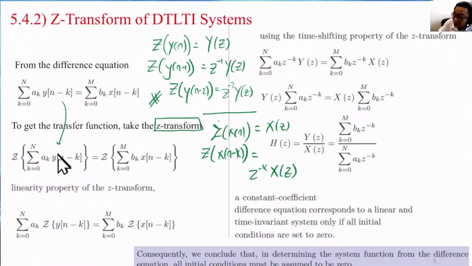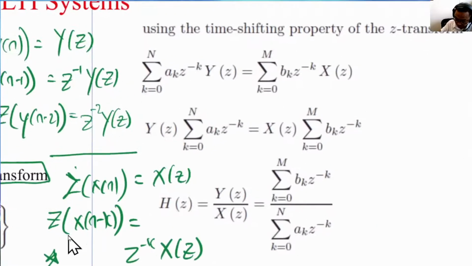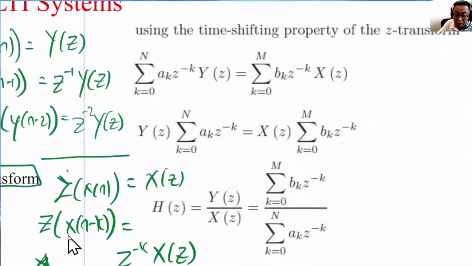So again, remember that the Z transform is linear. We can break this up into this equation over here and then apply this property.